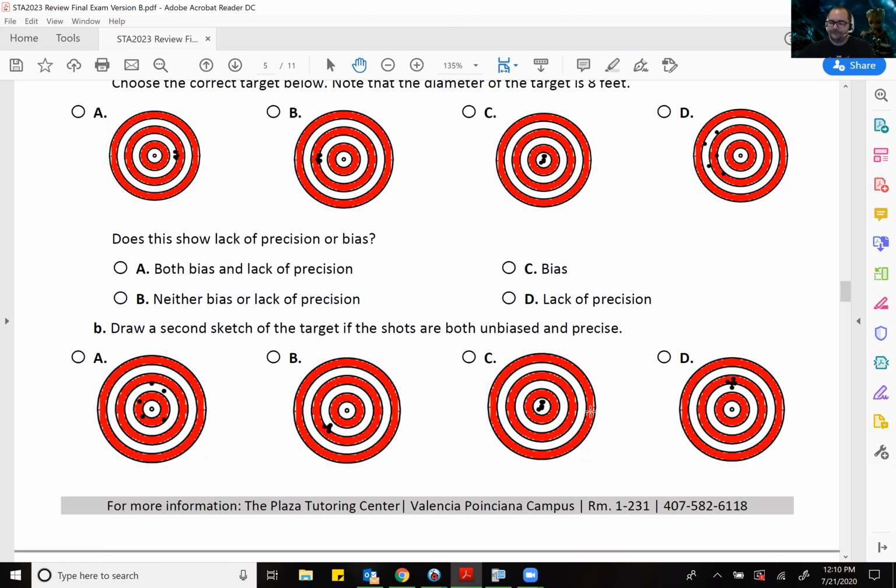So part B is the answer C. Again, just going to draw a picture for our notes. 2, 3, 4, 5, and 6. So here we're hitting the bullseye. All right, number 14, moving on.